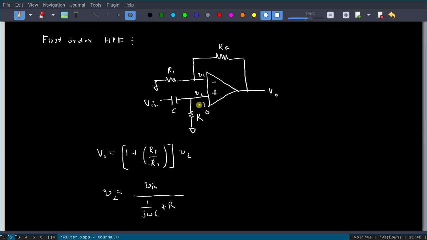There is no current passing through here, only current passes through this. So the current is V in divided by (1 by j omega C plus R), and if we multiply by the resistor, we will get the voltage.